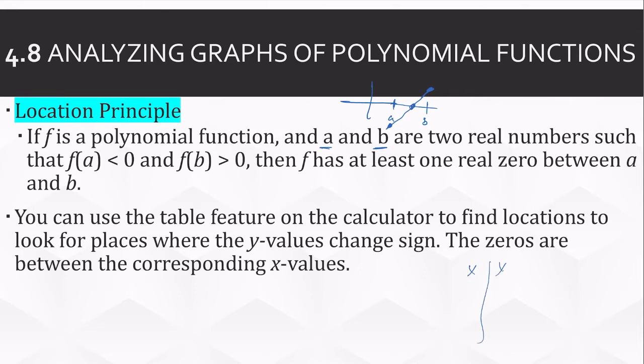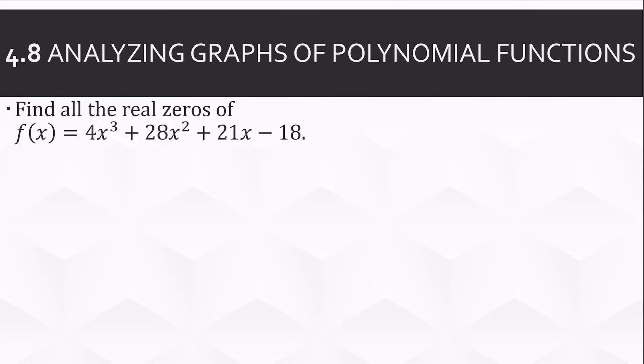So if in a table of x and y, at 2, y is -3, at 3, y is 4, I know somewhere in between there must be a 0, because between -3 and 4 is a 0, so a 0 must be between x equals 2 and x equals 3, because the y values go from negative to positive or positive to negative. So let's find all the real zeros of this.